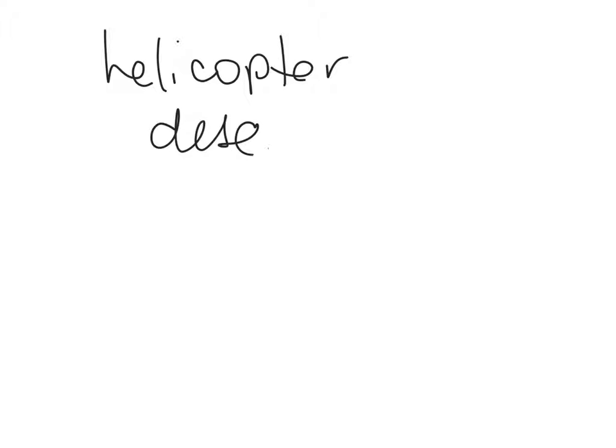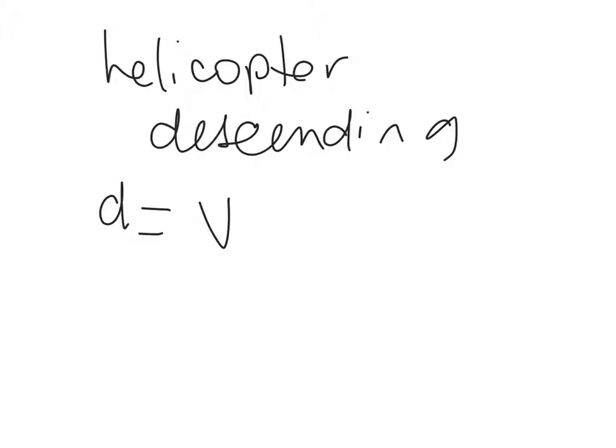So if you were talking about a helicopter, let's say it's descending, let's hope it's not crashing, you would use the same formula, D equals the velocity multiplied by the time.